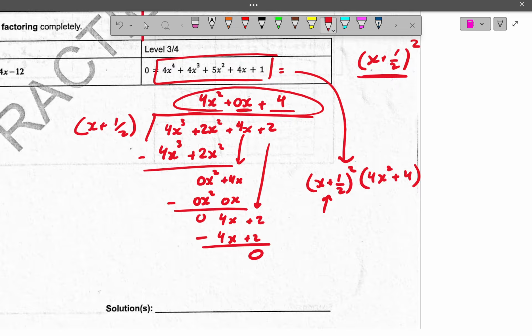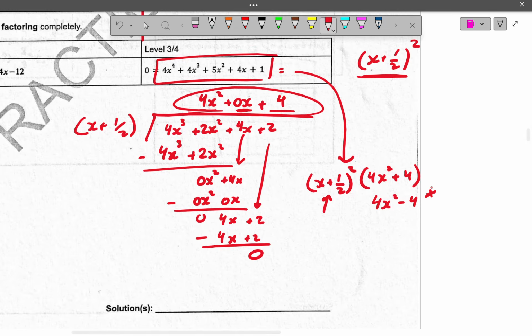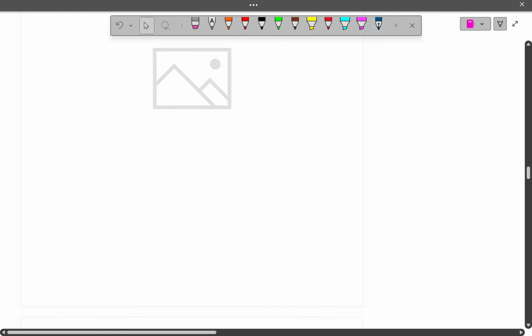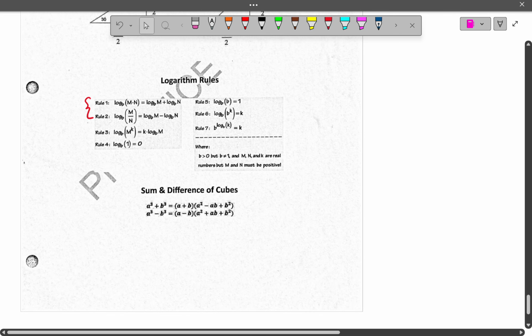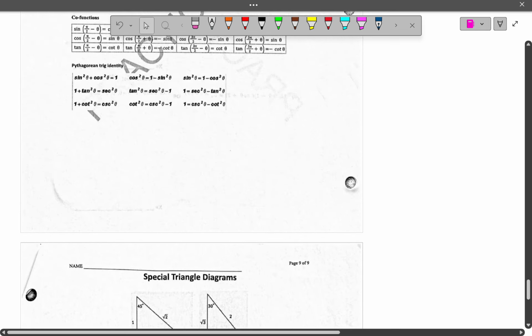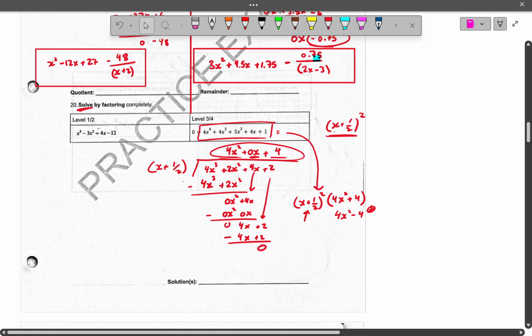But there's one final step, and that's factoring this. And this is called a sum of squares, so there's no formula for it. If it had been written as 4x squared minus 4, there's a special formula. So had it been a difference of squares, then we could have done a little bit more, but it isn't.